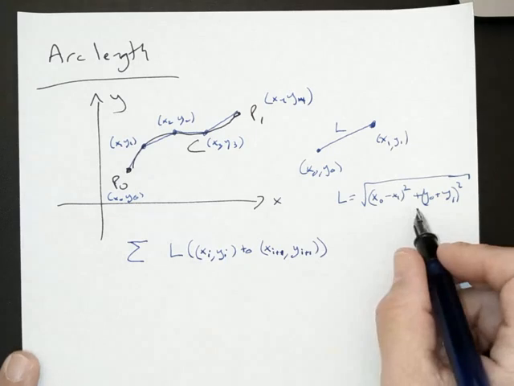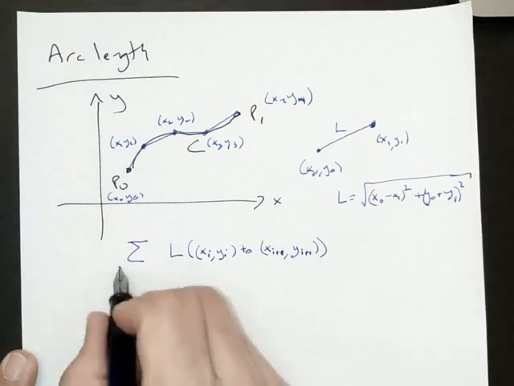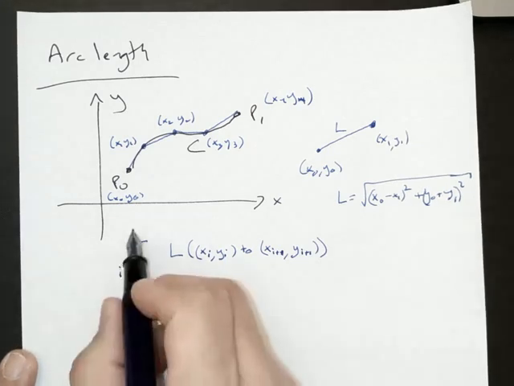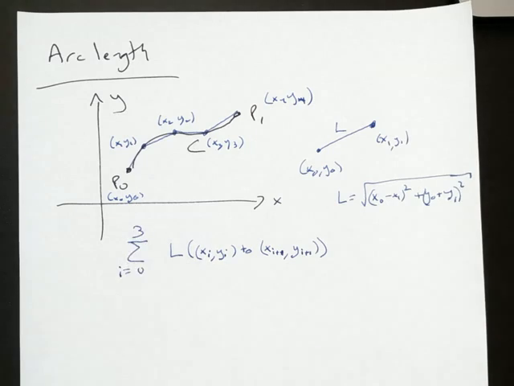And those lengths get done this way. And we'll go, i goes from 0 to 3. Or we could go from 1 to 4 and change the way we do the indices. That would approximate my value, wouldn't it?